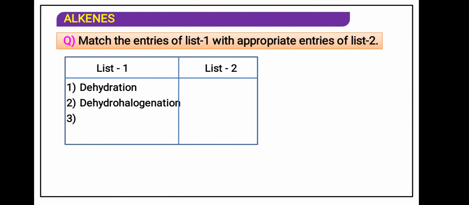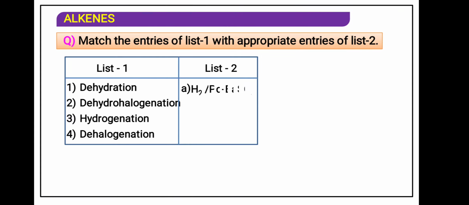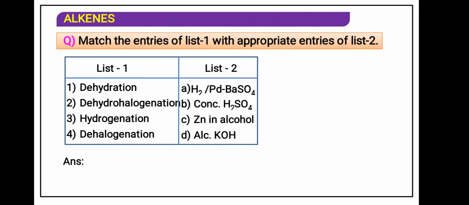Come on, match the following: dehydration, dehydrohalogenation, hydrogenation, and dehalogenation. Identify the catalyst. The first one, palladium on barium sulfate, is hydrogenation, where hydrogen is provided.